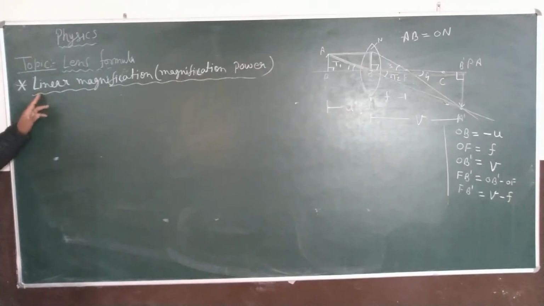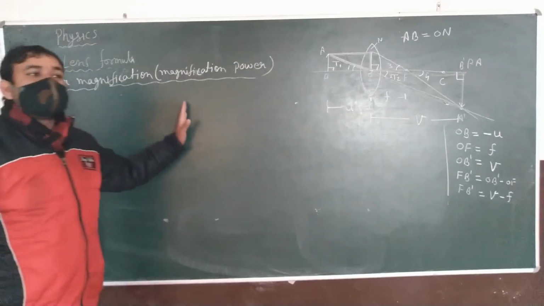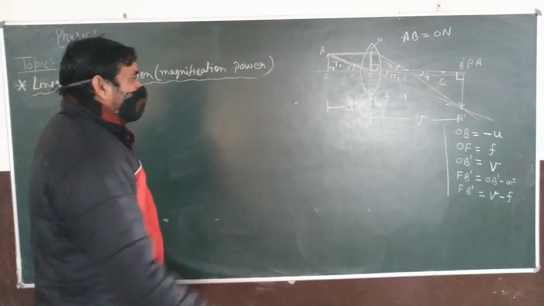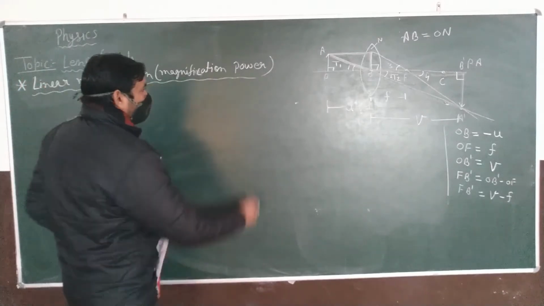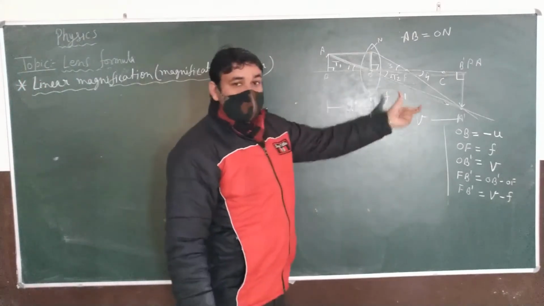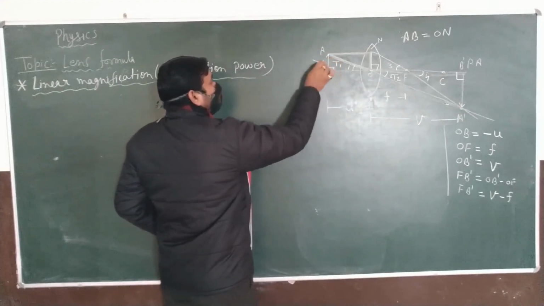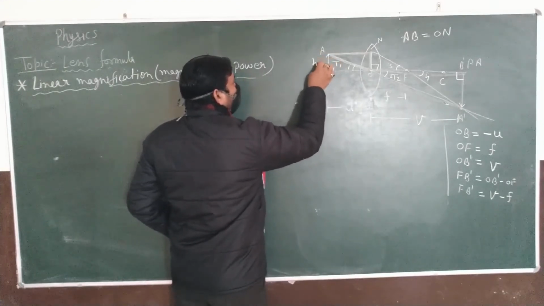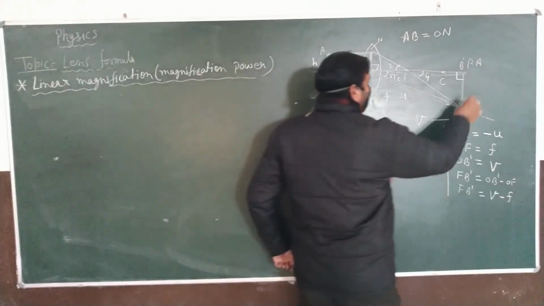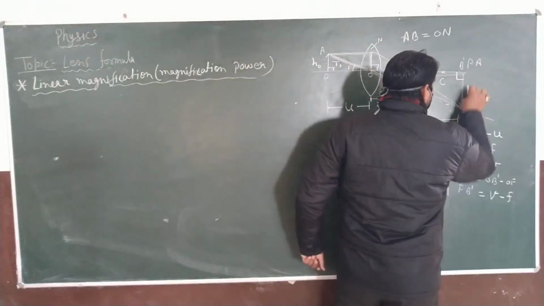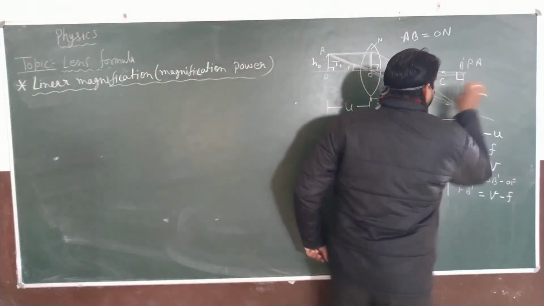Now, next we have the linear magnification, or magnifying power, of a lens. Before we understood about the power, in the figure, you understood that the height of the image is HI and the height of the object is HO.